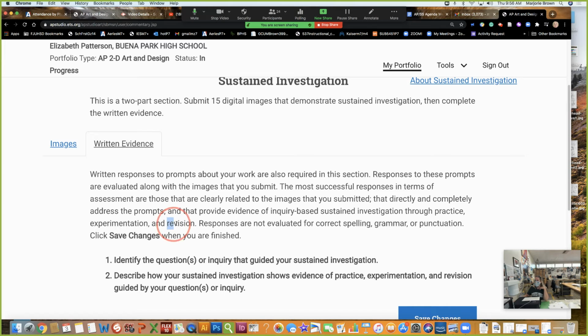And then, hello, revision. So when you guys get mad at me that I tell you, oh, you need to work on this and work on that and then document another picture, it's because they expect us to do revisions. They want you to keep adding, keep changing. That is what they expect to see, and they want to see evidence of those stages of experimentation, of different materials, of collaging, of playing, branching out and making it different, changing it.